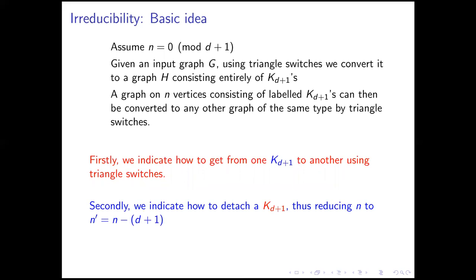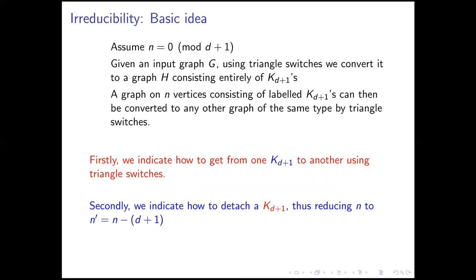So if D is 3, then we reduce it to K4s. And then we show that a graph on n vertices consisting entirely of complete graphs can be converted to any other complete graph of the same type by triangle switches.